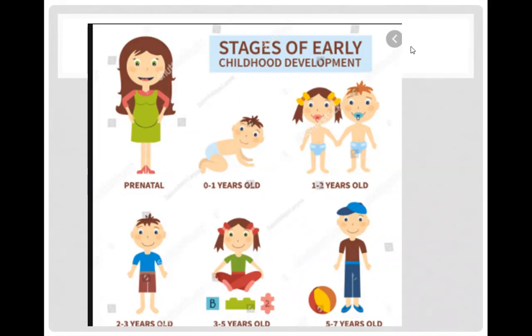Within this period of 9 to 10 months, a single cell develops into an infant weighing about 4 to 5 kilos and with an average height of 9 to 12 inches.